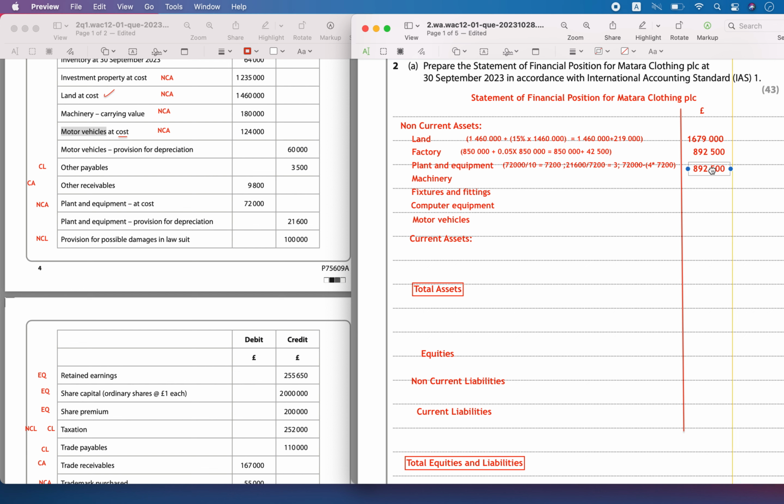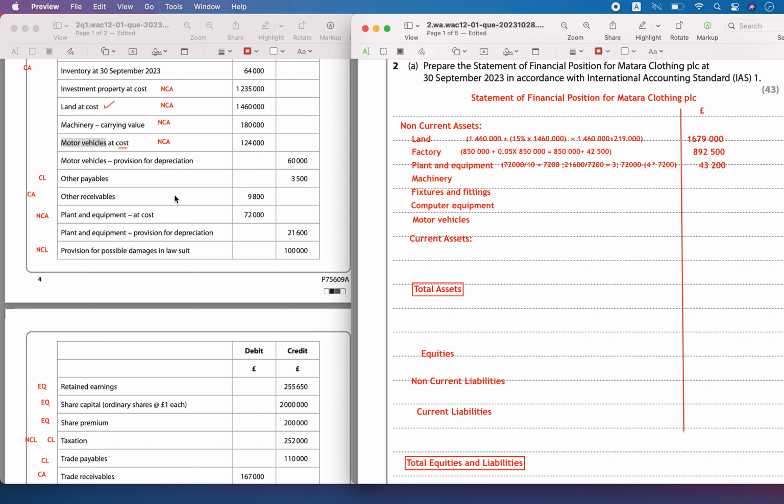So it is going to be equal to 43,200. Okay, so the total cost minus total accumulated depreciation. We can see that it has been depreciated up to 3 years, so for 4 years you have to depreciate.